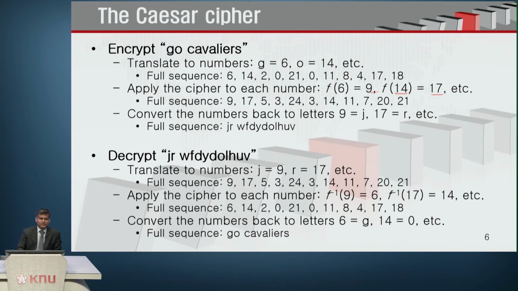So you get the full sequence as the original one. It sounds simple, but it's quite a useful tool for cryptography, encryption and decryption. It's very simple logic, and it has been used even 1000 years ago.